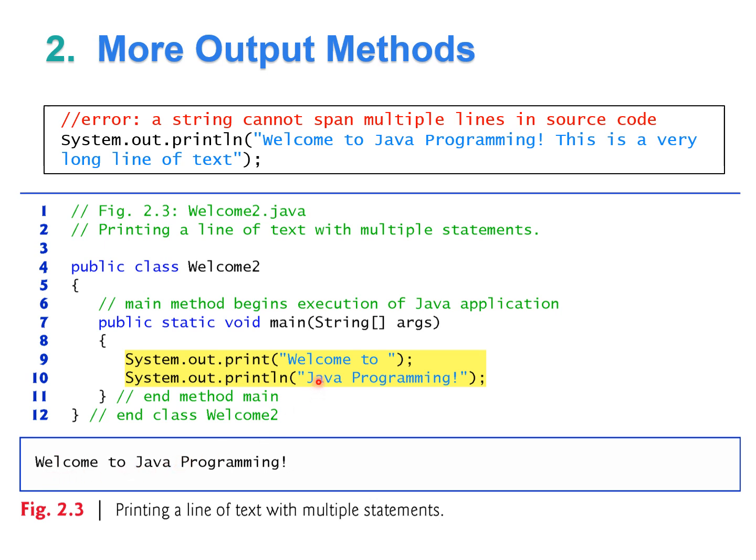When the next statement, which is println, is executed, it prints out the argument string from the current position of the cursor, which is in the same line as the argument of the print statement.